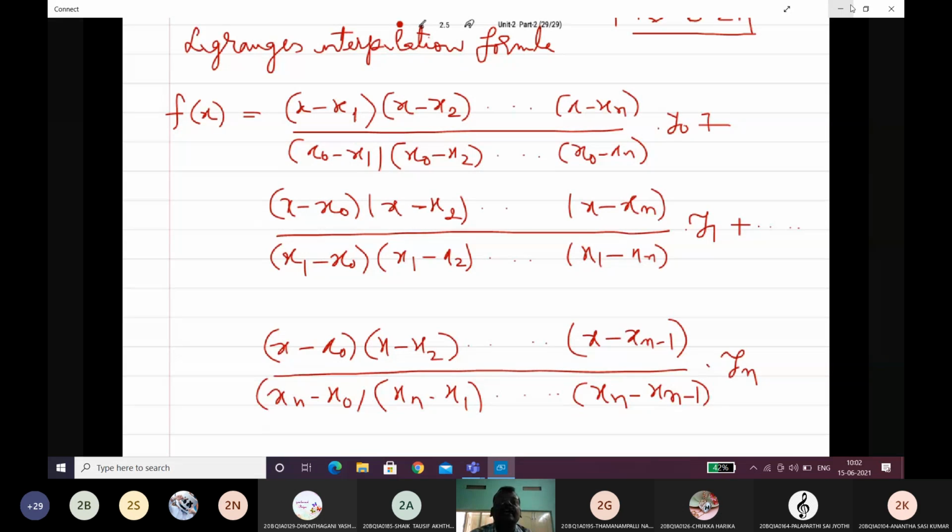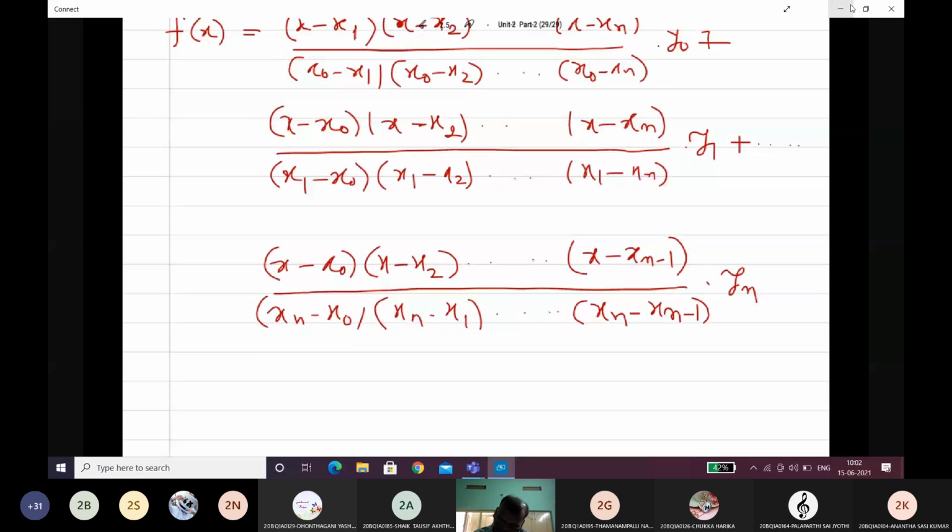This formula is known as Lagrange's interpolation formula. It is very easy to remember also, right? Now let us note down one problem related to this one.